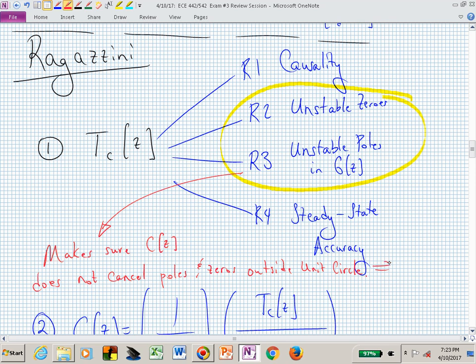And we're actually selecting or designing T sub c of z to ensure this happens, that we don't have C of z canceling poles and zeros outside the unit circle.